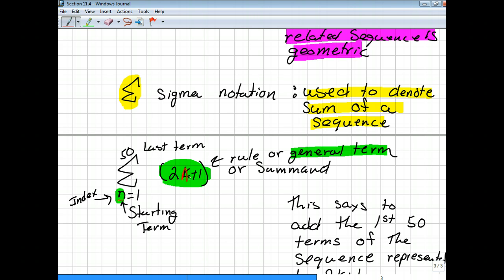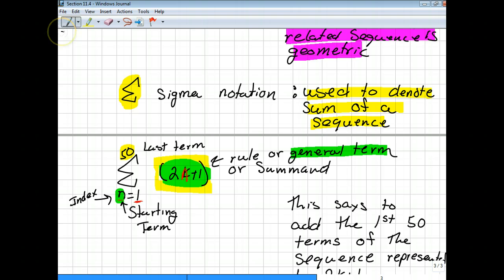So 2n plus 1. The n is called the index, and the number next to the n is our starting term. In other words, it's saying we're going to add up the first term, and then the number at the top of the sigma tells you the last term. So this information is telling you you're going to add up the first 50 terms of the sequence. And this is the rule that gives you those terms.